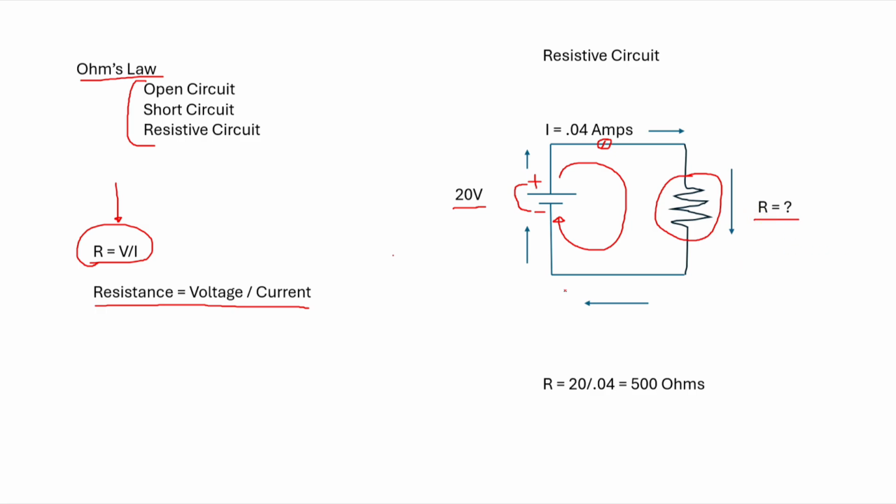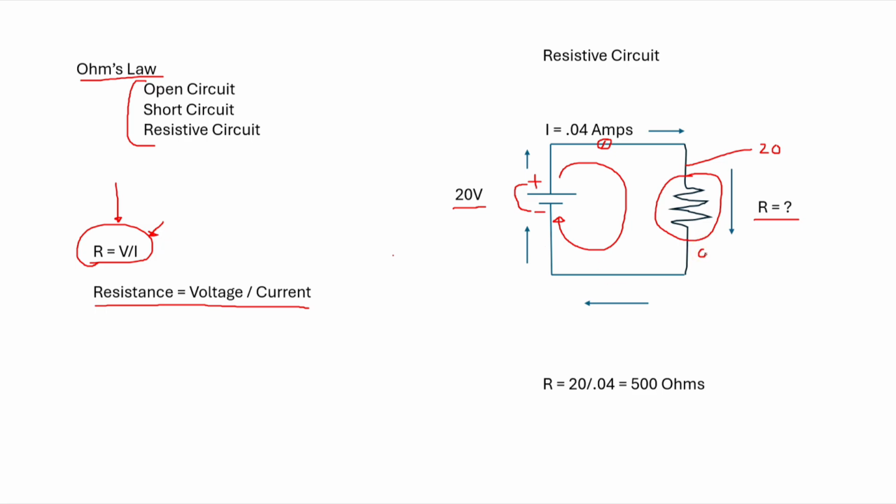And as you can see, it's fairly simple to calculate. So the resistance here, now we know there's no other elements in this circuit to drop voltage. So all of this voltage right here, this 20 volts, is going to appear at the top of the resistor. And at the bottom of the resistor, all we have is wires. We're going to assume they're perfect wires. There's no voltage dropped across those wires.